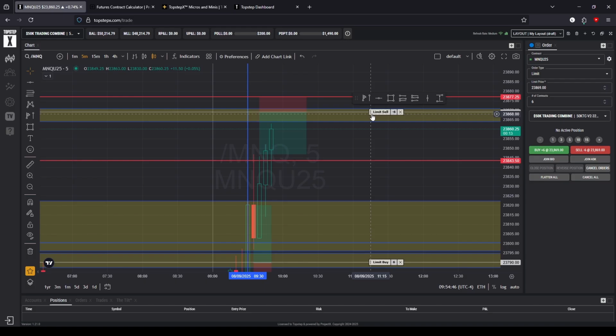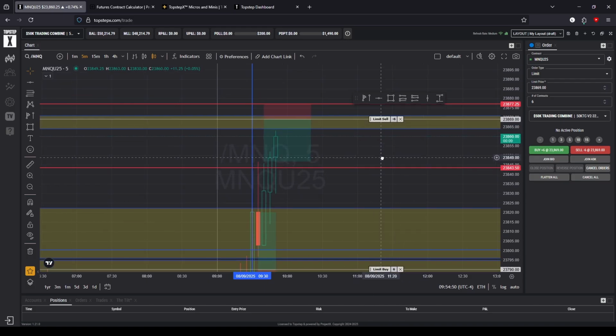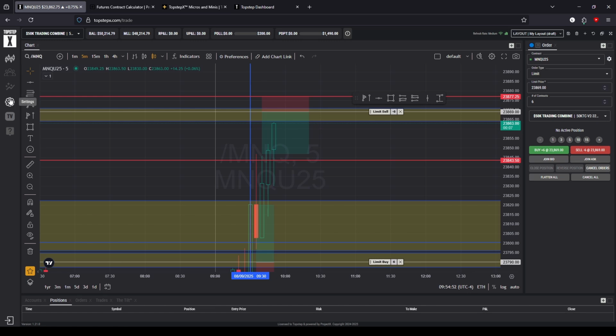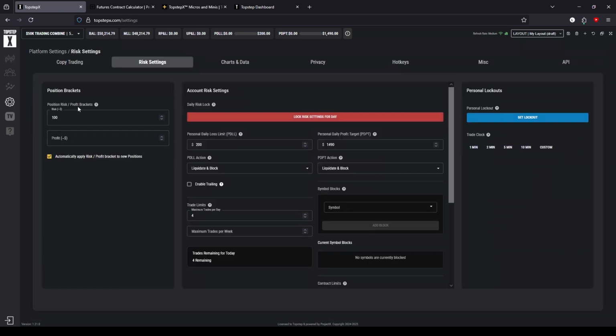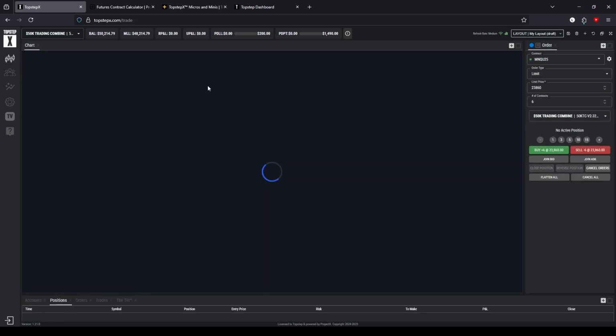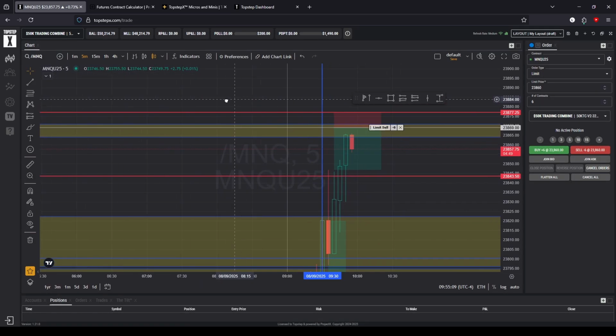So I have my limit buys and sells set up, and I'm pretty sure I have a position risk of 100. I think this is automatic. Yeah, risk to reward. Okay, so I might just leave this and go to the toilet real quick.